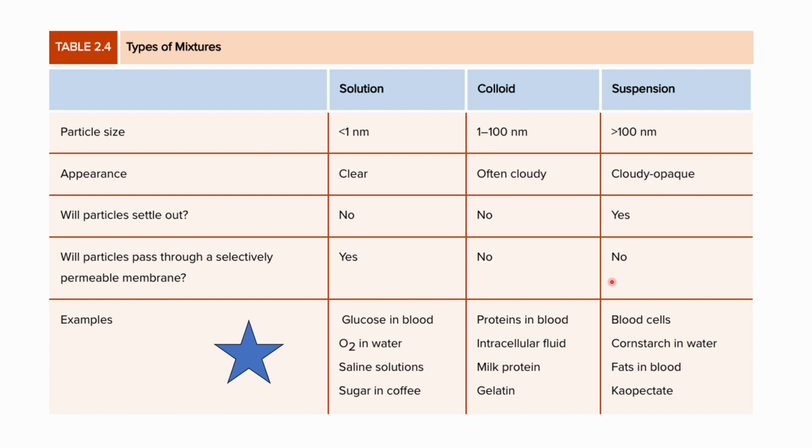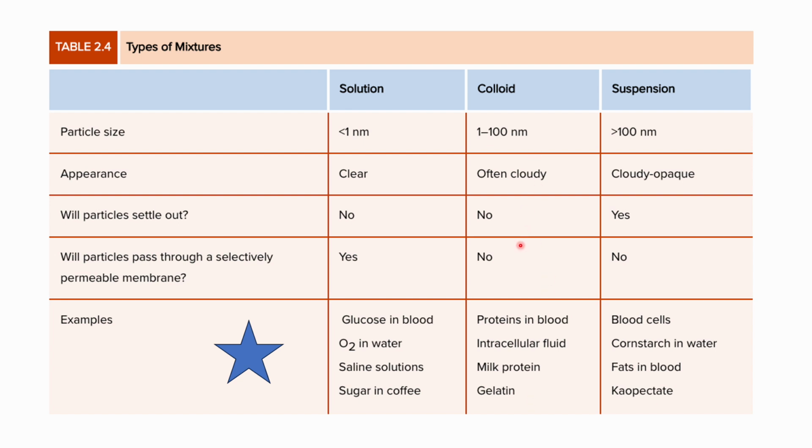Some examples of solutions are glucose in blood, oxygen in water, saline solutions, and sugar in coffee. Examples of colloids: proteins in blood, intracellular fluid, milk protein, and gelatin. They're often cloudy in appearance.